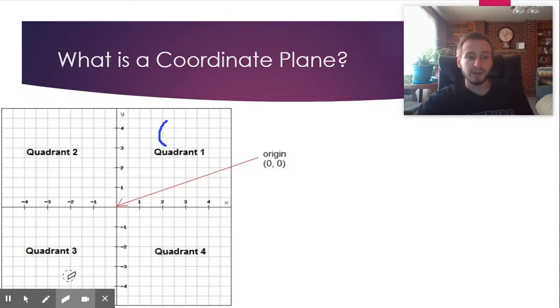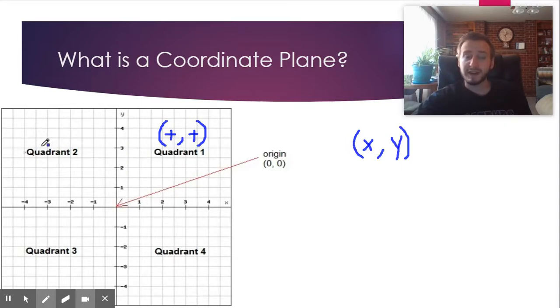Always in quadrant 1, your ordered pair is going to be positive numbers. And an ordered pair, like last year, you probably would plot points on a coordinate plane. An ordered pair always has x and y numbers. Okay, and we'll look at that today. But in quadrant 1, you always have positive numbers.